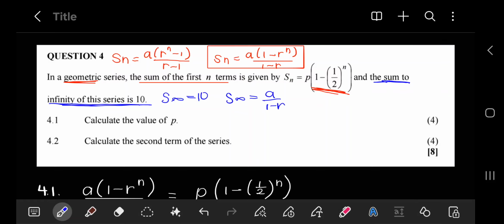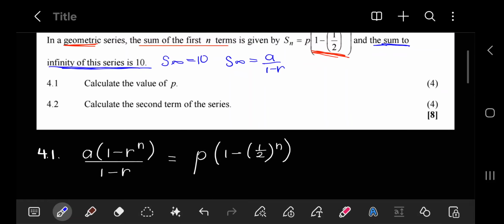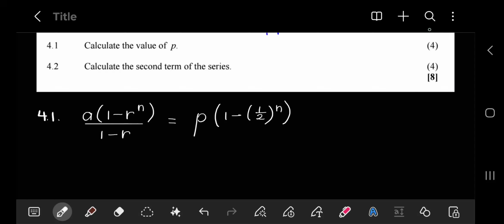Since both of these are equal to the sum to infinity, we can equate them to each other. So I'm just going to split this page and write that on the side. So for sum to infinity, a over 1 minus r is equal to 10.